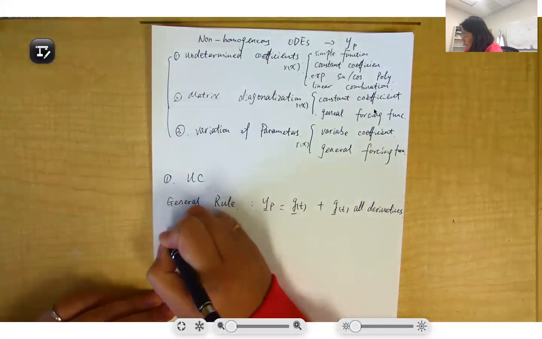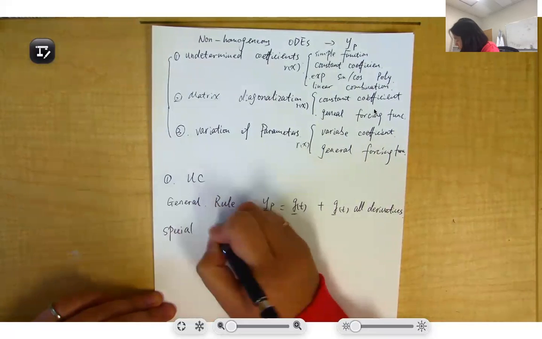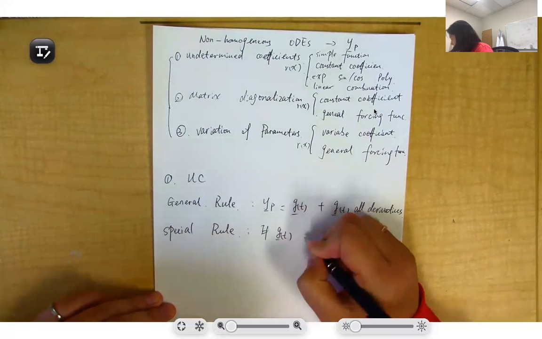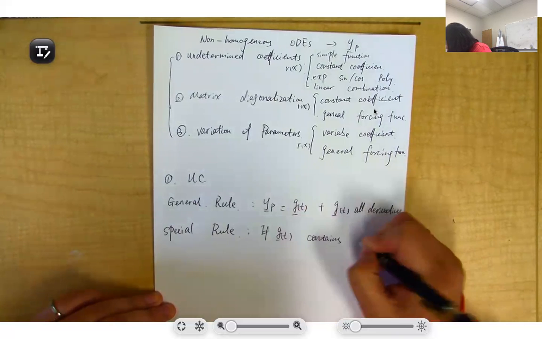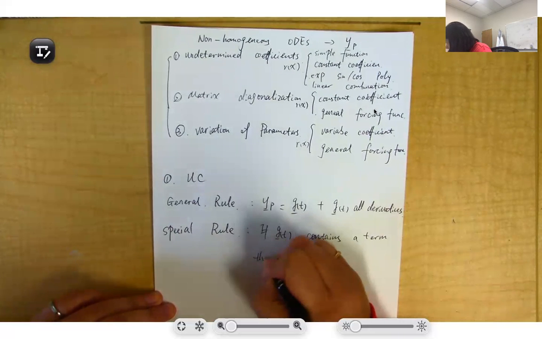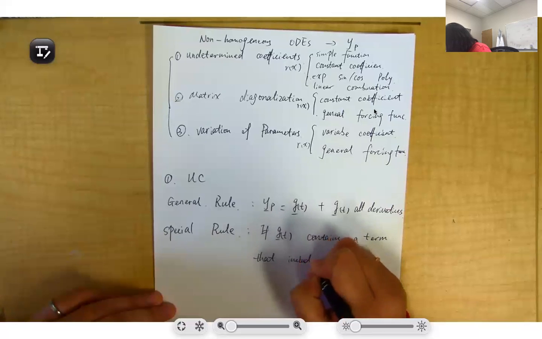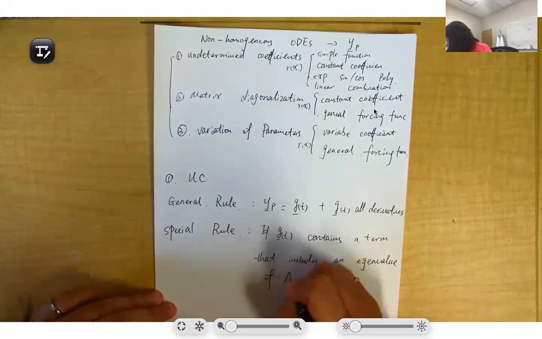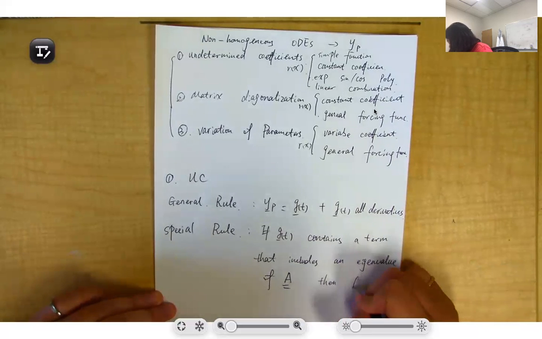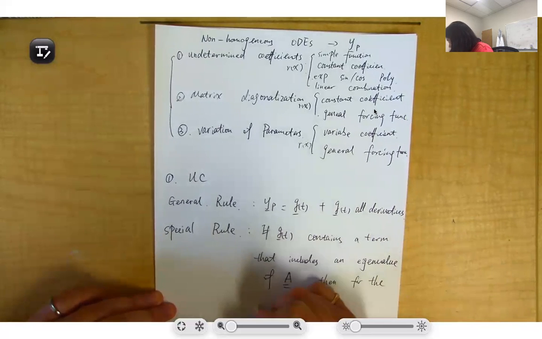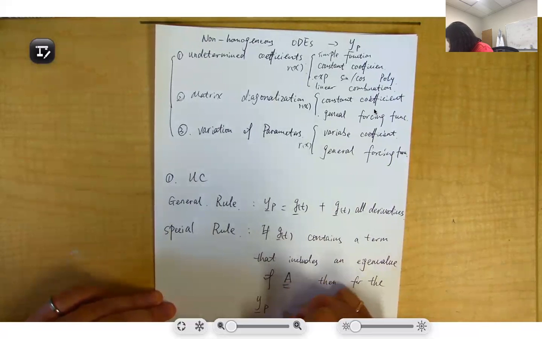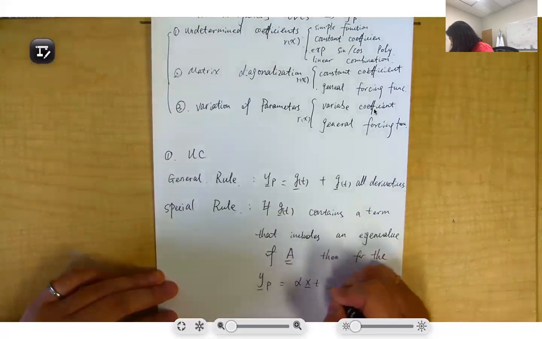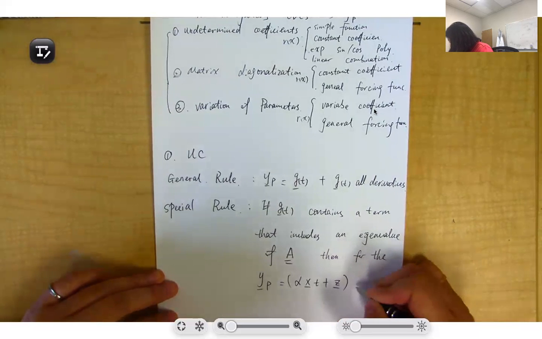Okay. Then there is a special rule. If the forcing function contains a term that includes an eigenvalue of A, then for the particular solution Xp, you need to modify that to be (alpha times t plus z) times e to the lambda t.